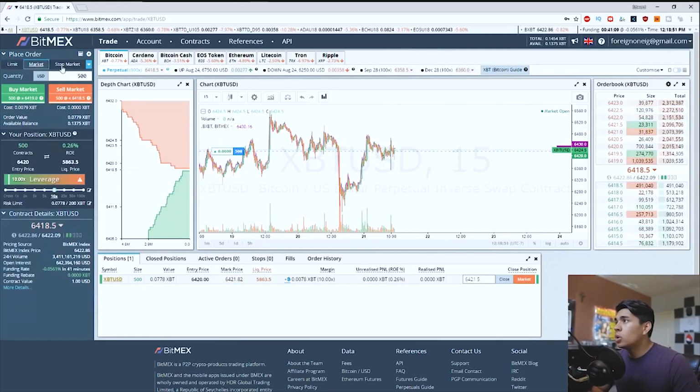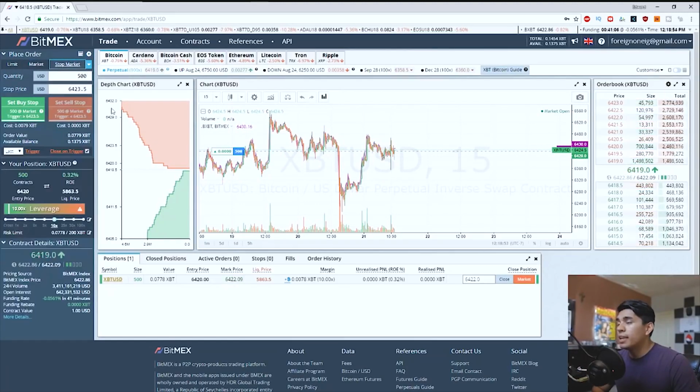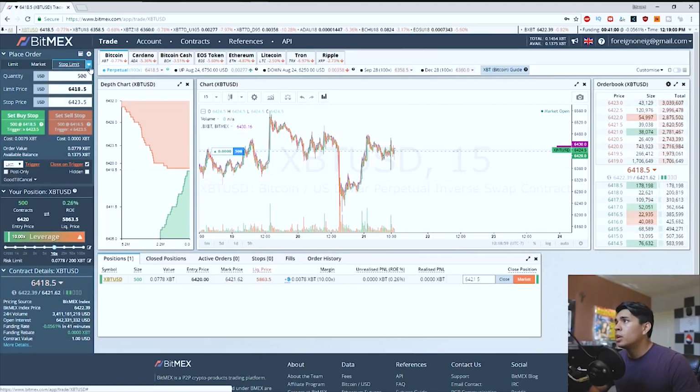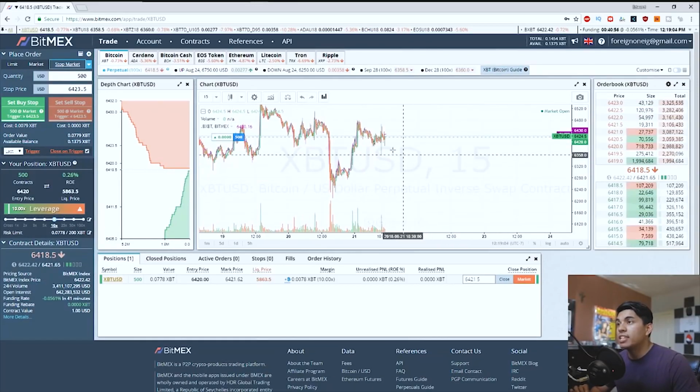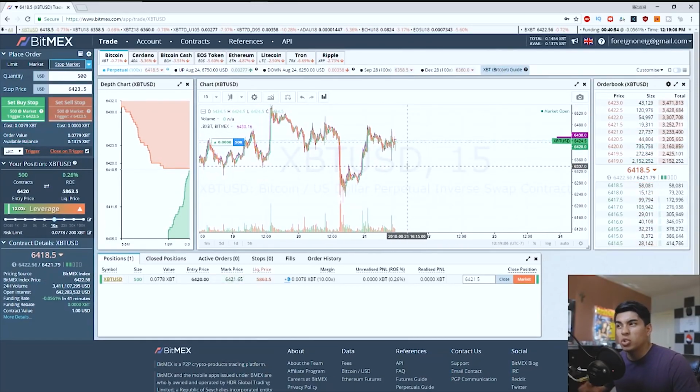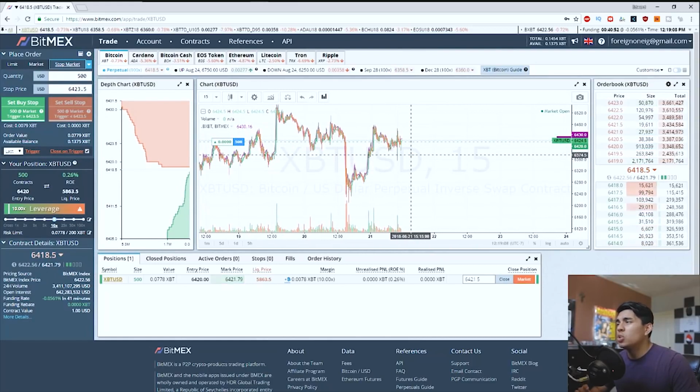Another way to also sell, in case, let's say, you're away from your computer, is setting a stop market or stop limit. That means that the moment it goes down far lower than what you expected, you can set up how much you're going to sell. So I would sell the total for 500, but I would set the stop loss right underneath.